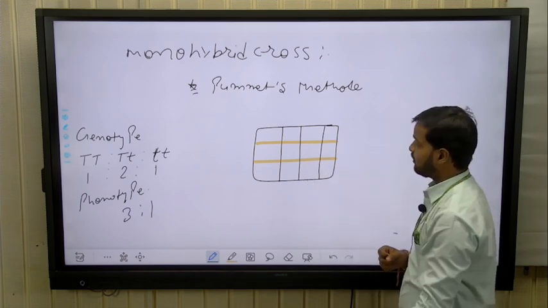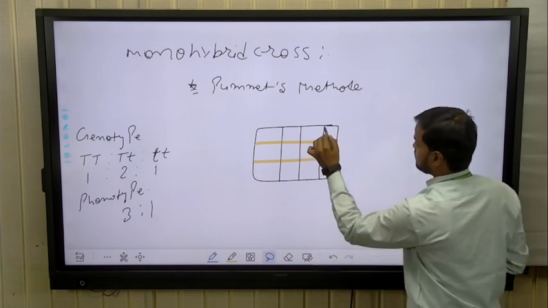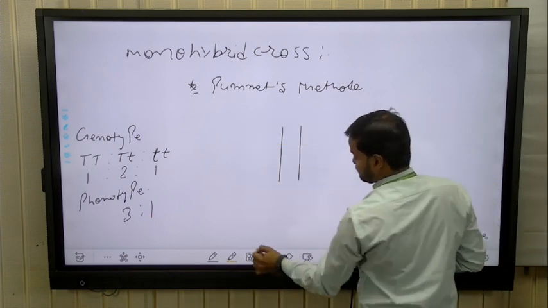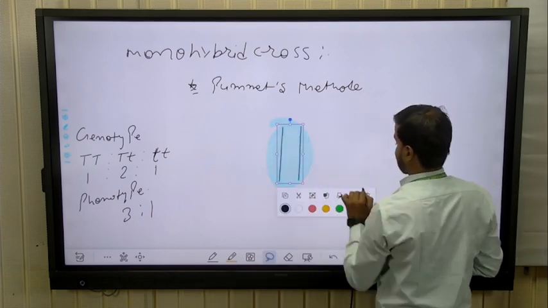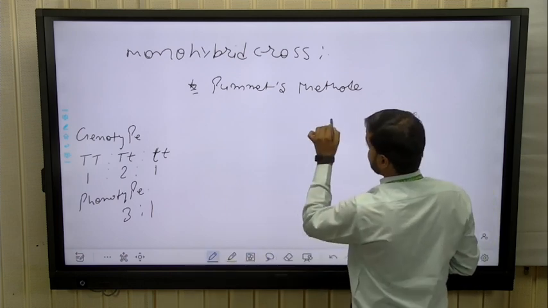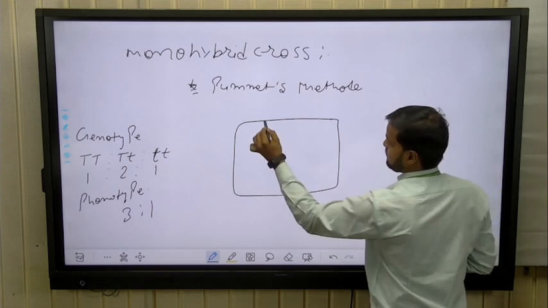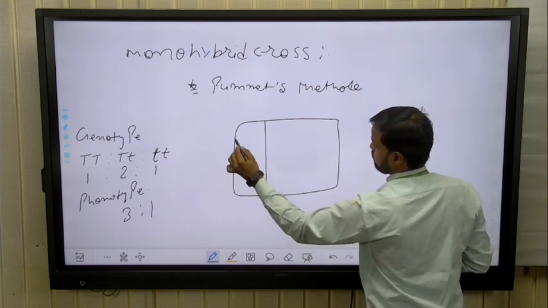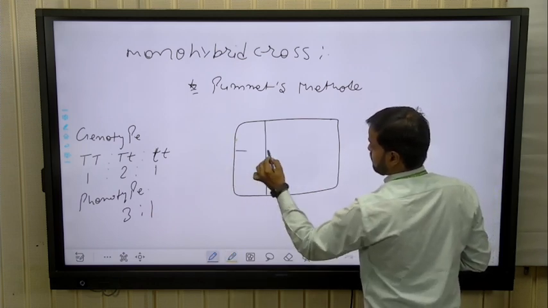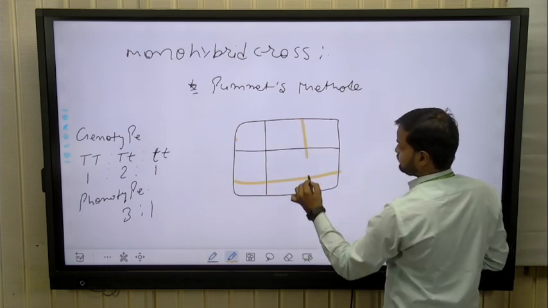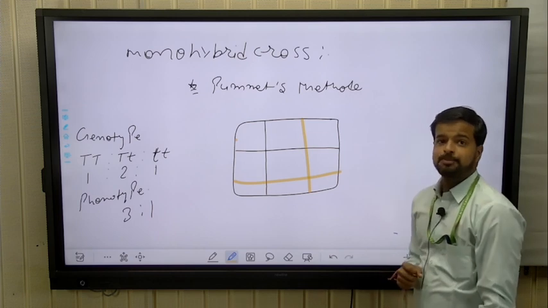This is the square. That is the Punnett method.